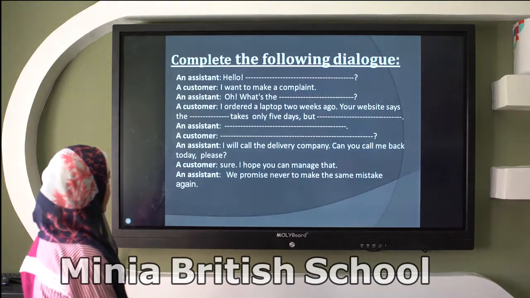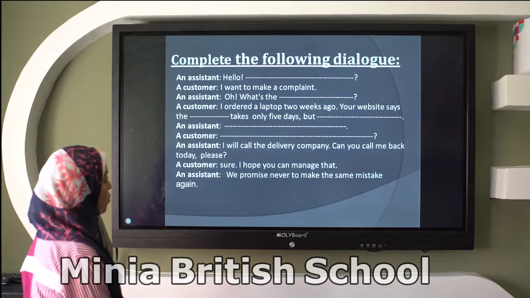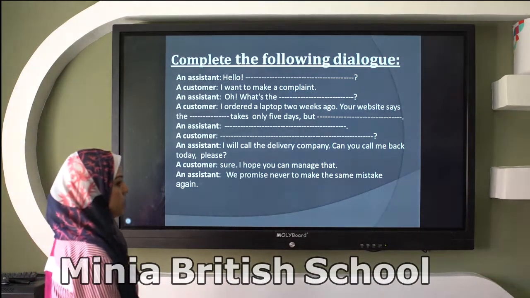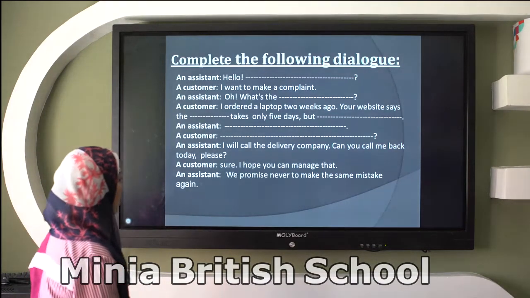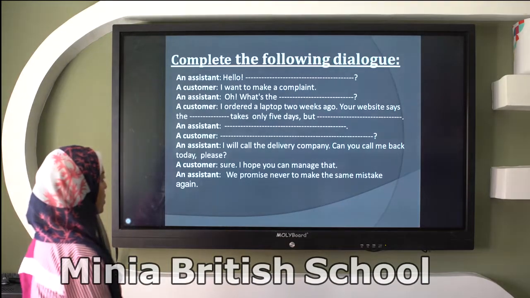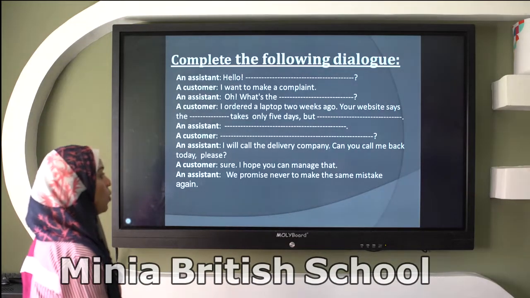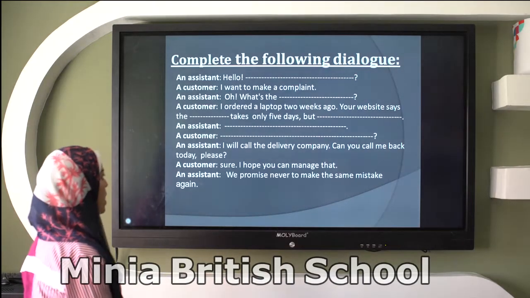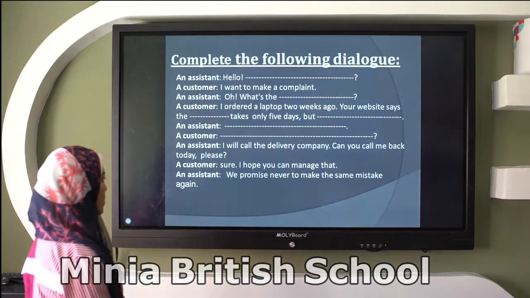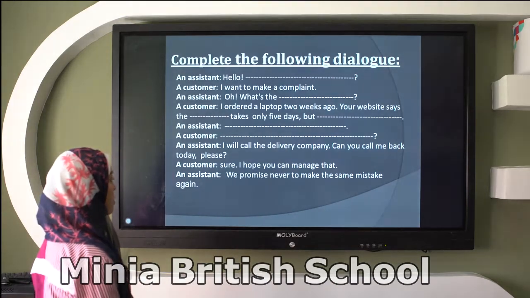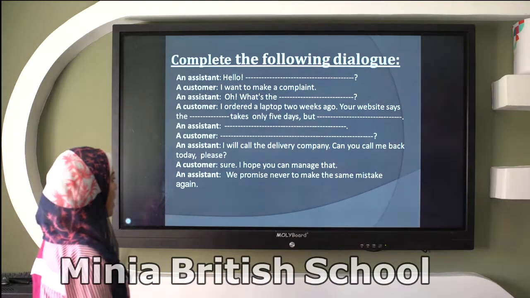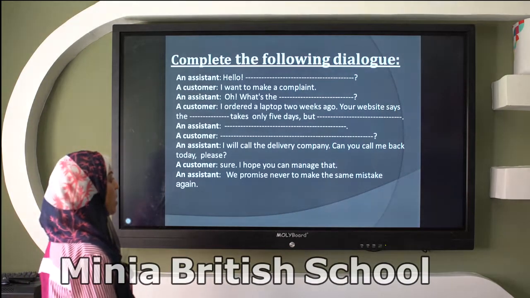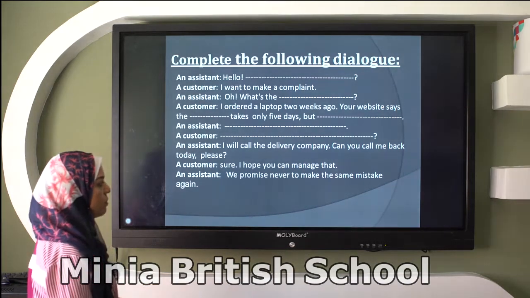Your website says the space takes only 5 days, but space. The assistant is expressing being sorry, of course. The customer is asking a question, and then the assistant is saying, I will call the delivery company. Can you call me back today, please? Now she's trying to manage the situation, so the customer here is saying, sure, I hope you can manage that. And then the assistant expressed more sorries, saying, but we promise never to make the same mistake again.